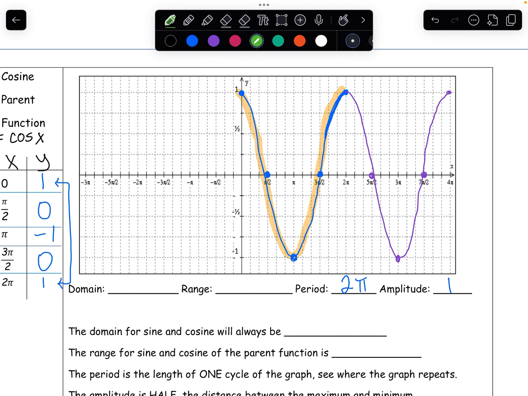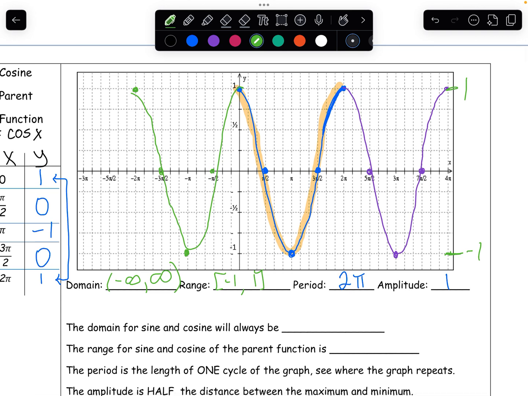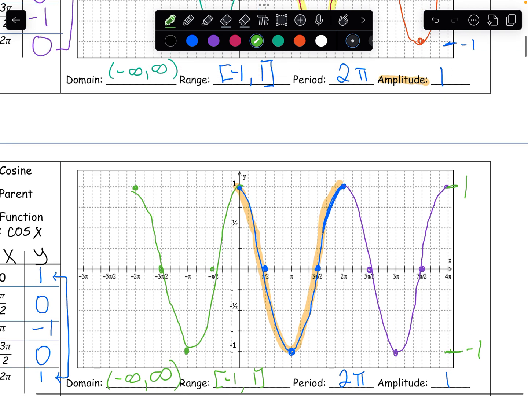And likewise, we can go backwards, because again, it would go like clockwise versus counterclockwise. And so our graph would look like this. And so what that means is our domain is -infinity to infinity, but our range, again, bottom of our graph to the top of our graph, is bracket -1 to 1.